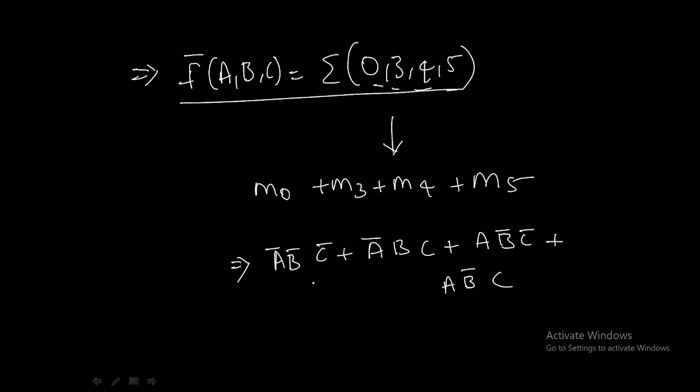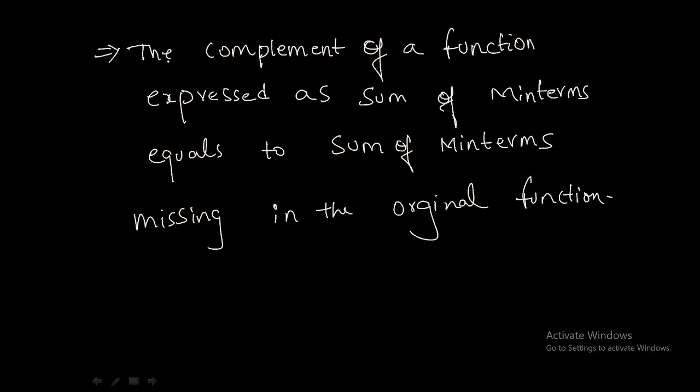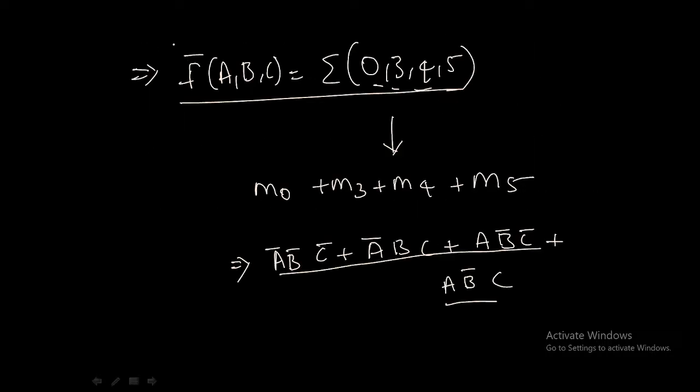So this is how we are going to write another form of representation. Okay, now if we take the complement of f bar, we get f. So if I take the double complement, the double complement gets cancelled and I will get the complement here.